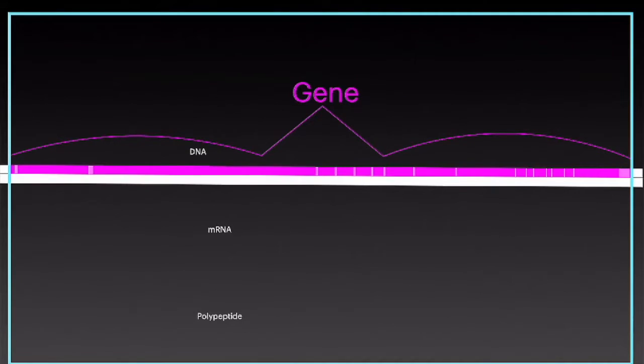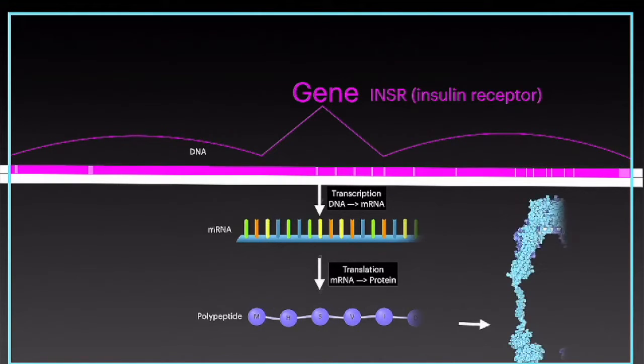So now let's go back and let's look at our gene. Our gene happens to be a gene called INSR, or insulin receptor. And this particular gene, like most of the genes that we are aware of, is transcribed into mRNA and then translated into a polypeptide, which is folded into a protein.